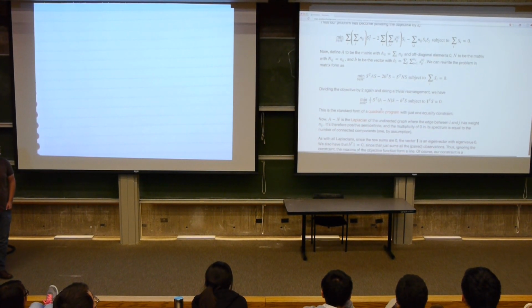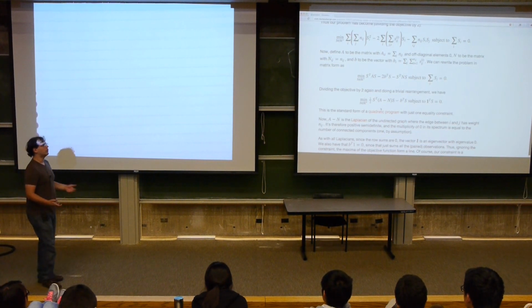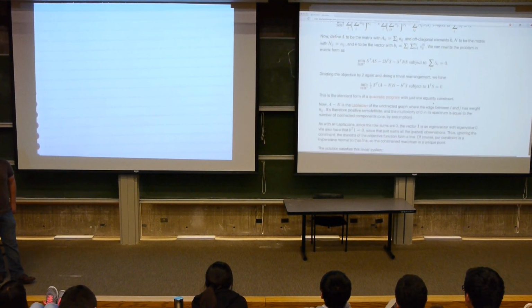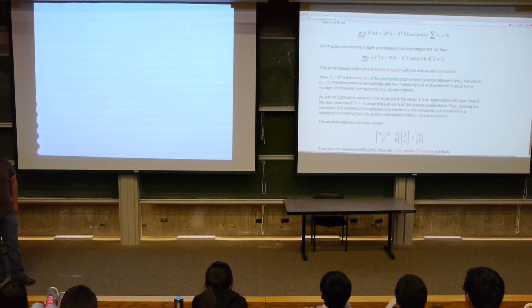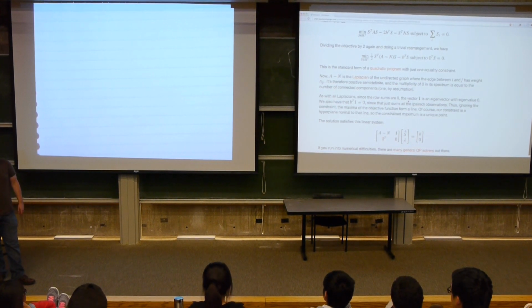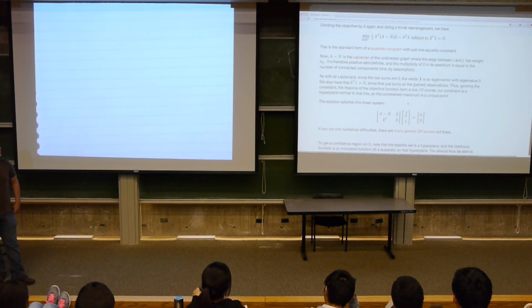Because it's a quadratic program, you know the solution, or you can plug it into a solver. In this case, because there's only one equality constraint, you can just write it down as the solution to this matrix equation. And because of various things we know about it, you can talk about that it's convex, that it has a unique maximizer, etc.